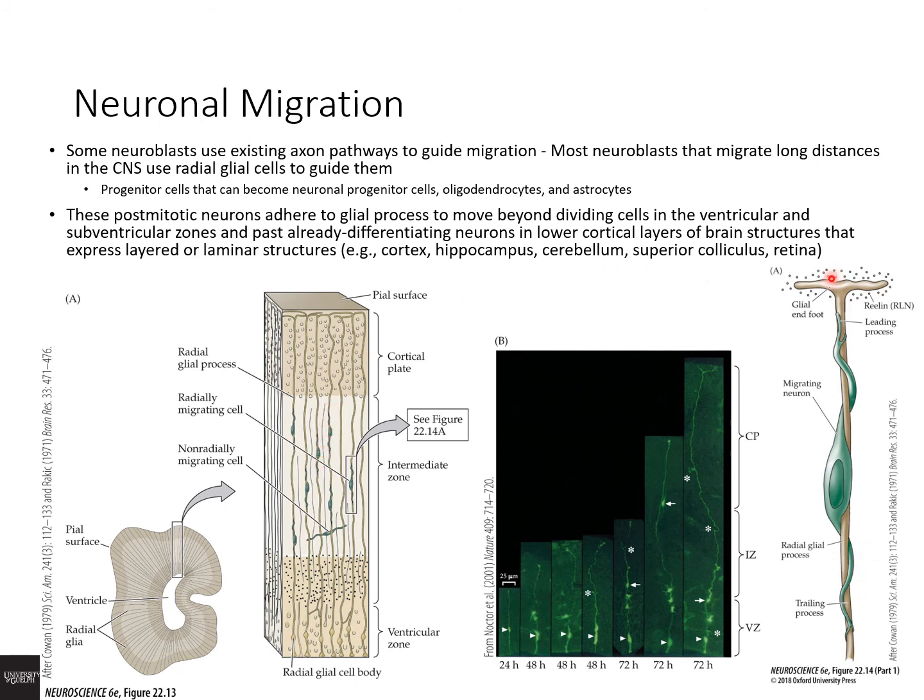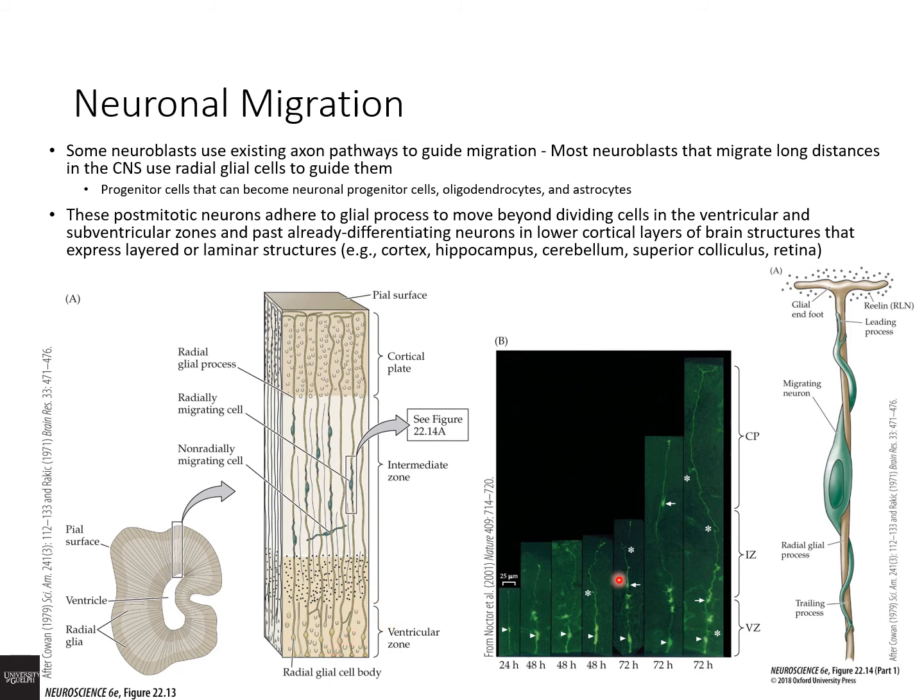So there are these glial cells that the neuroblasts will use to migrate to where they're supposed to go. These post-mitotic neurons adhere to glial processes, and you can see here again with microscopy the movement of the cell, migration of the cell outside of the ventricular zone.